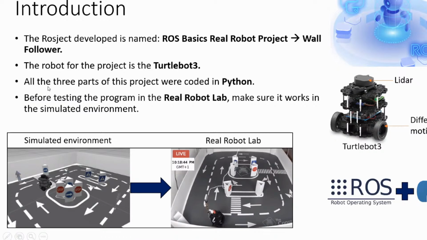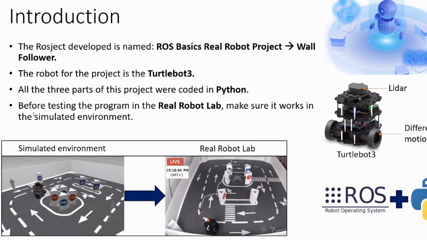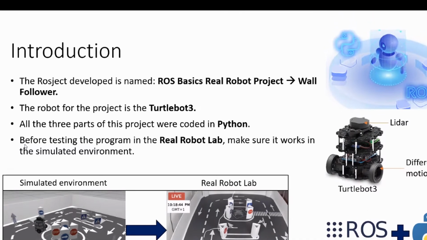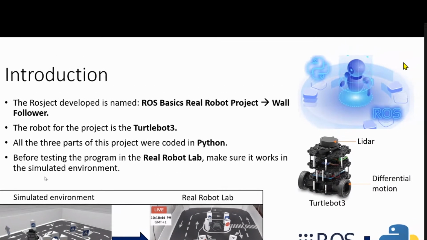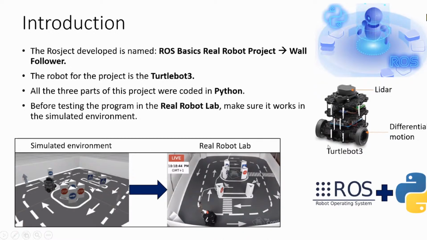We'll be developing, as mentioned before, the 3 parts using Python, and everything I did, before moving to the real robot lab, I made sure it works in the simulated environment, which is very important in order not to break anything.